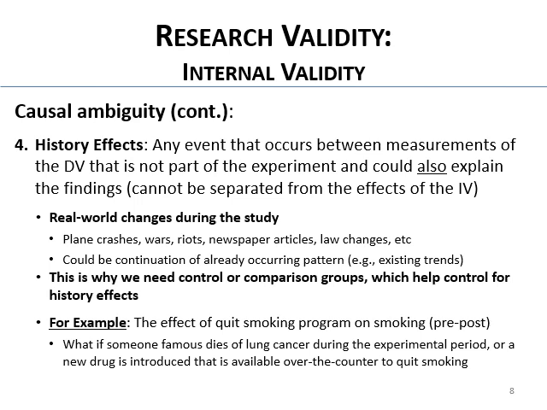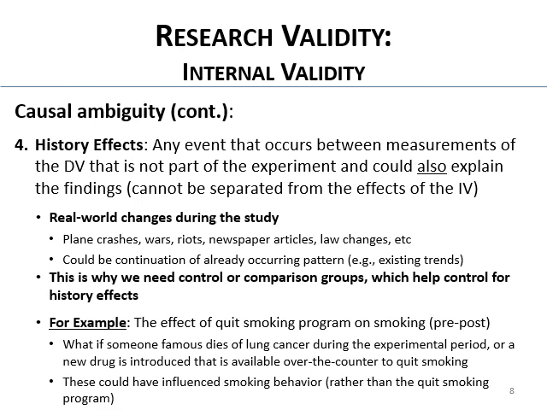If you get differences, are they the result of your quit smoking program, or are they the result possibly of these history effects? They could have influenced their smoking behavior rather than your quit smoking program, and so therefore they are a potential explanation for any differences you see pre to post.